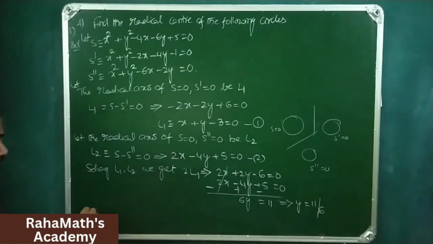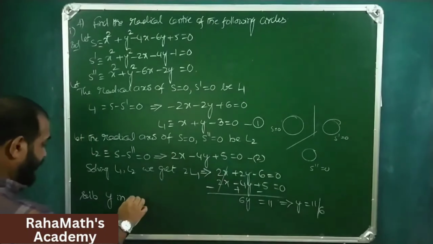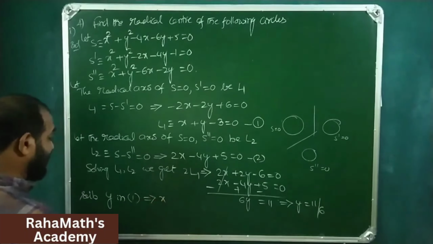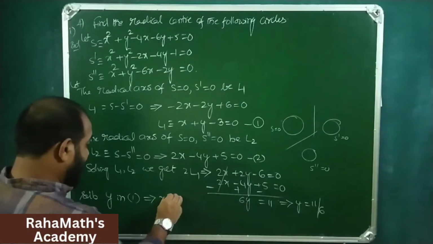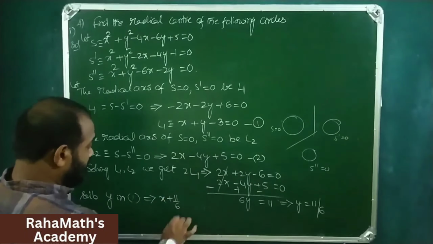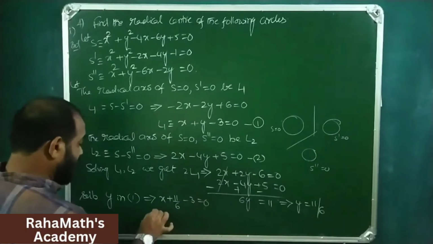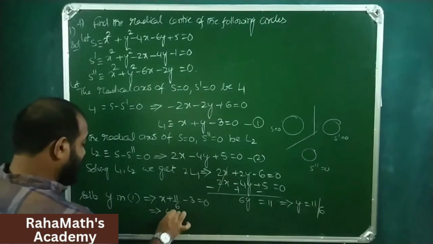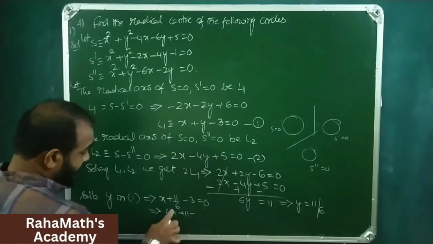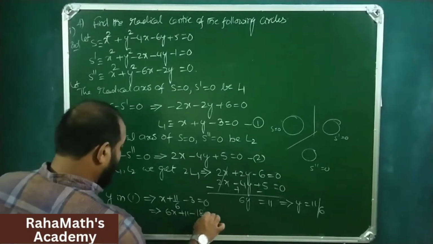Now substituting y in equation 1, that implies x plus 11 by 6 minus 3 equals 0. This is 6x plus 11 minus 6 3s are 18 equals 0.